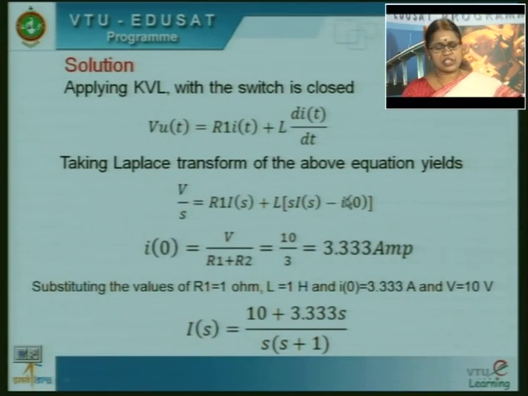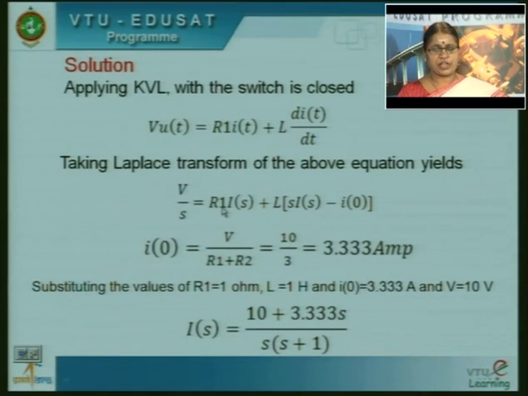Now, substituting the initial value of current I naught as 3.33 to get the expression for I of S, we can write I of S equal to 10, which is nothing but the supply voltage, plus 3.33 S, divided by S into S plus 1.